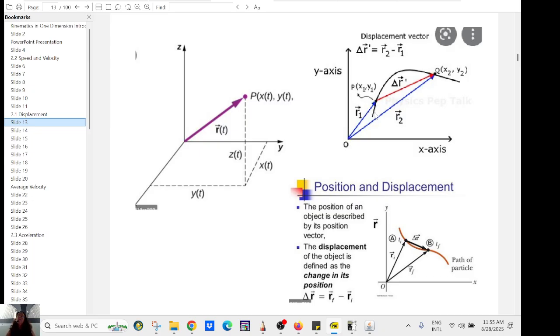So for example, you have a fly. That will be your initial position. The vector position, initial, and that will be your final position. And when you connect them together, that's going to be your displacement. Okay, that will be the vector displacement.